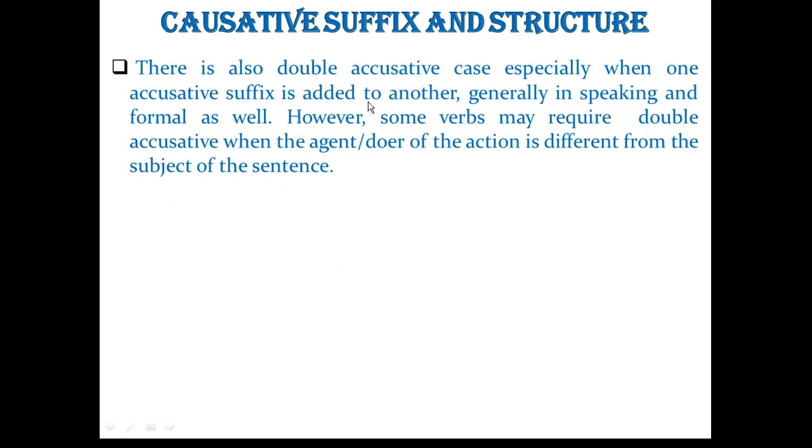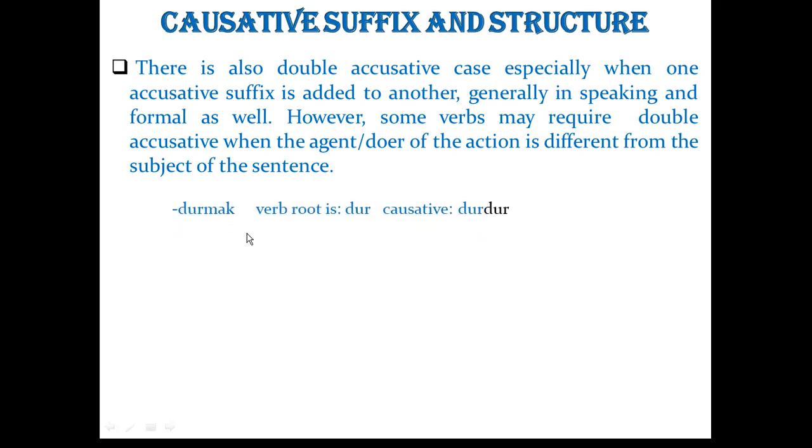There is also double accusative case, especially when one accusative suffix is added to another, generally in speaking and formal language as well. However, some verbs may require double accusative when the agent or doer of the action is different from the subject of the sentence. That is applicable to the have someone do something or get someone to do something structure.